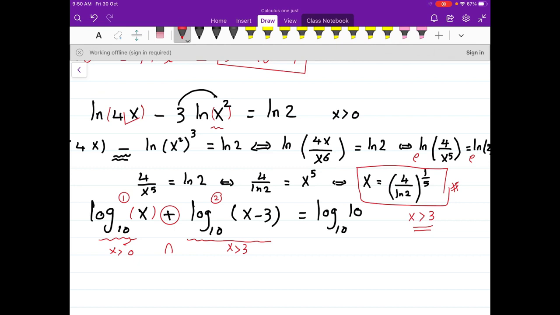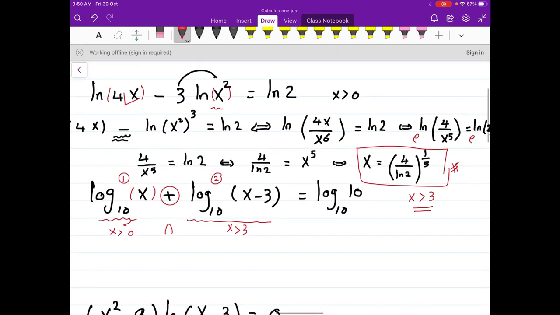How can we solve this equation? Plus is equivalent to the product law.